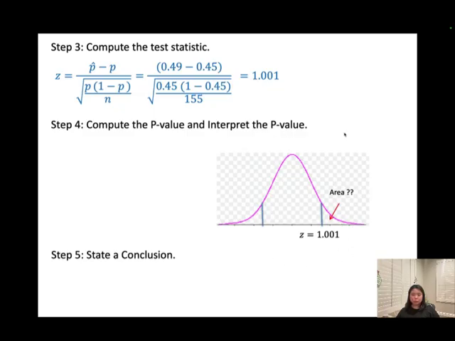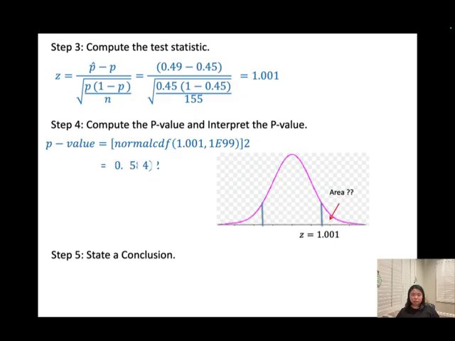That will be equal to your p-value. So that will be normal CDF, lower value 1.001, upper value 1E99. And then you multiply by 2, including the left tail. That will be equal to your p-value.